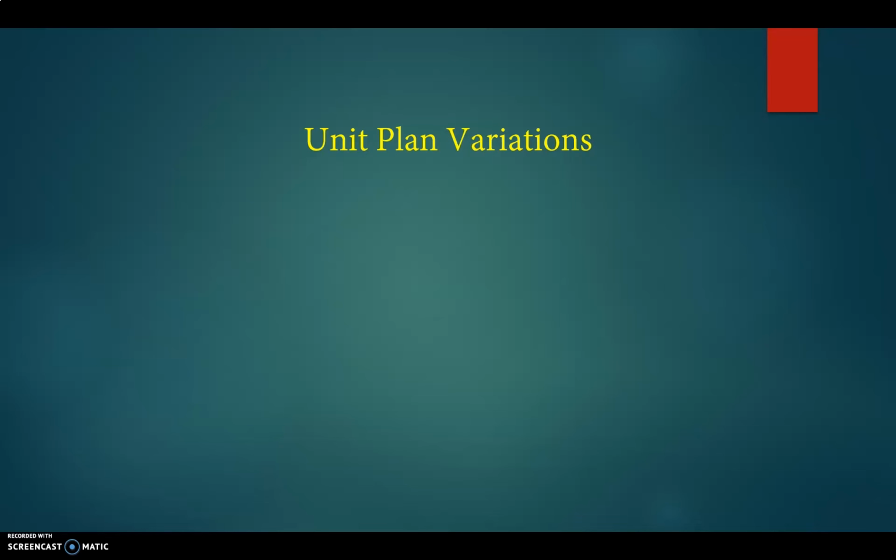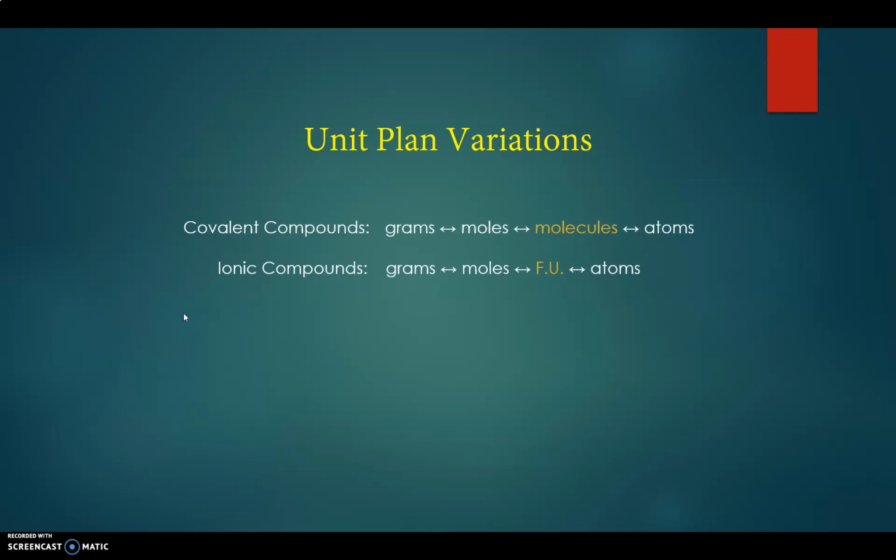There are a few variations on the basic unit plan for doing these kinds of problems. If we're using a covalent compound like sugar, the one we just did, then our unit plan is going to be grams to moles to molecules to atoms. Now, if we have an ionic compound, there will be one change. Ionic compounds, remember, do not consist of molecules.